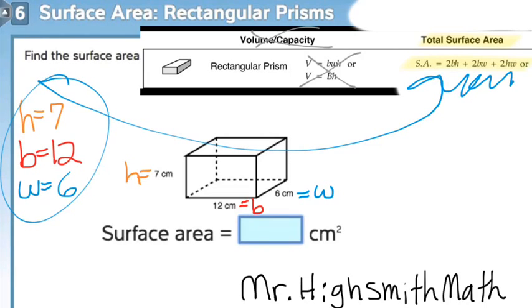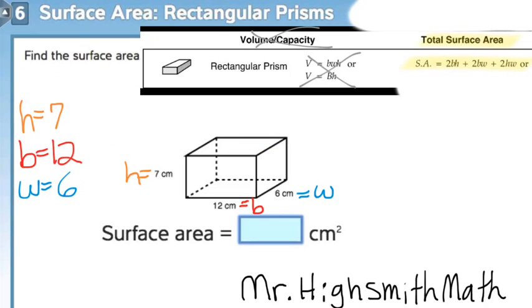certain letters. So, the surface area of a rectangular prism is going to equal 2 times, and the B is 12, and let me actually do the color black.